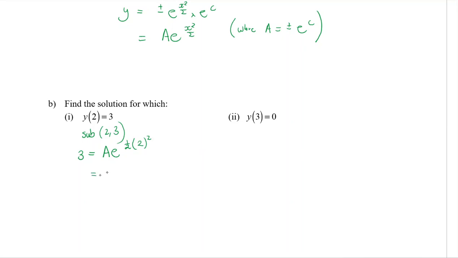But altogether, that becomes e to the power of 2. Just simplify it down. What does a equal? 3 on e squared, or maybe 3e to the negative 2. It's up to you.